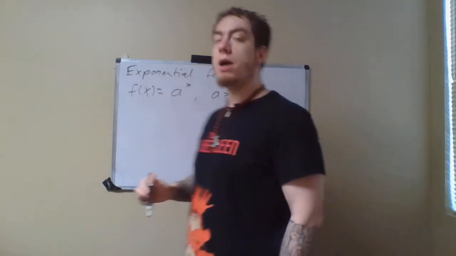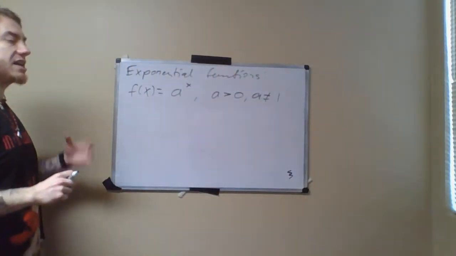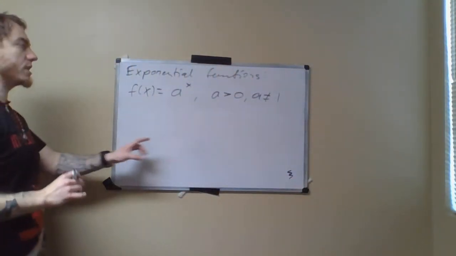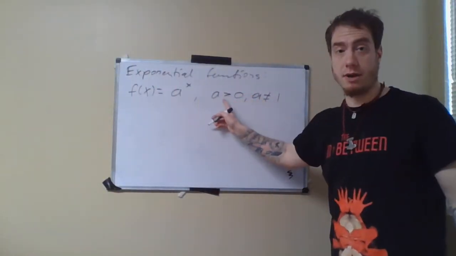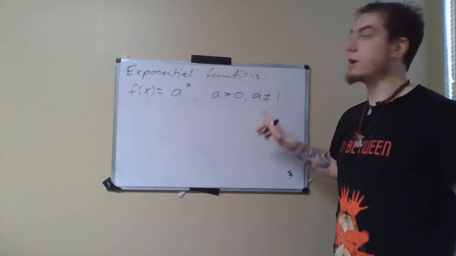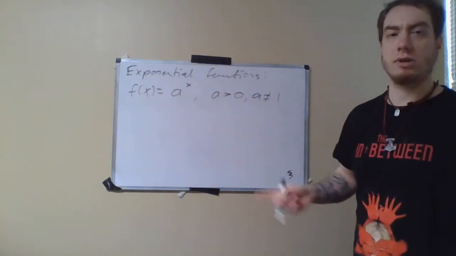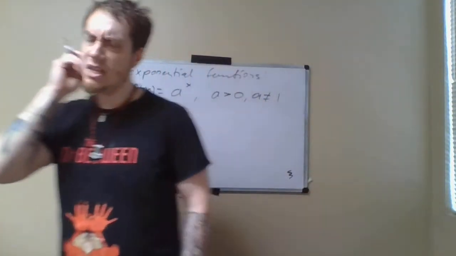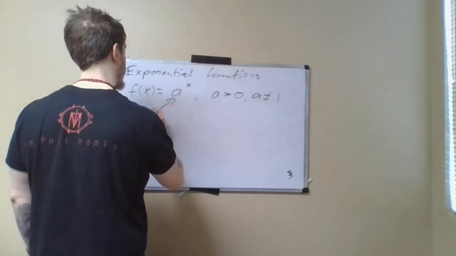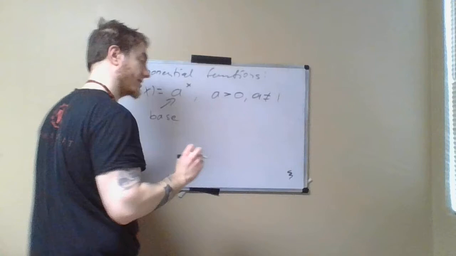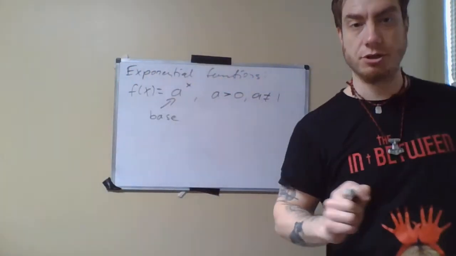So if we want to keep everything in the real number system, then we want to put these restrictions on there. This restriction just comes from wanting this function not to be a simple constant function. And in this expression, this number here is called the base of the exponential function.